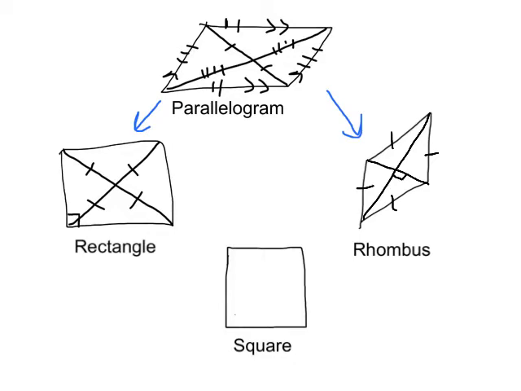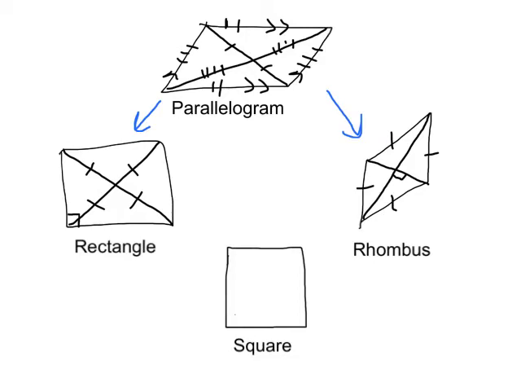So that's what distinguishes a rhombus in the family of parallelograms. Again, I'm not going to put all those other markings on here, but opposite sides are congruent and parallel. The diagonals bisect each other, but then the diagonals are also perpendicular to each other.